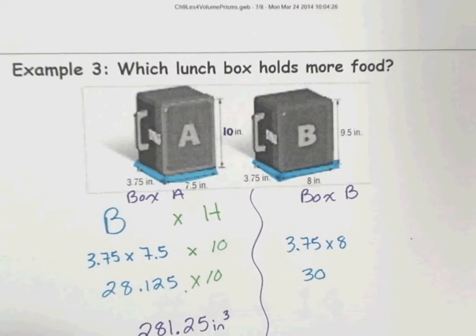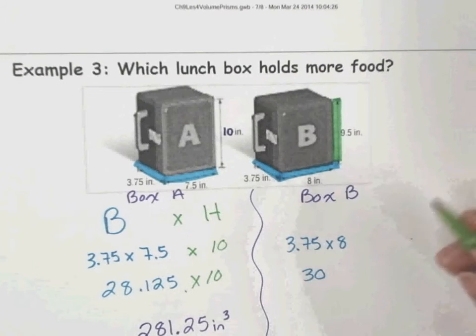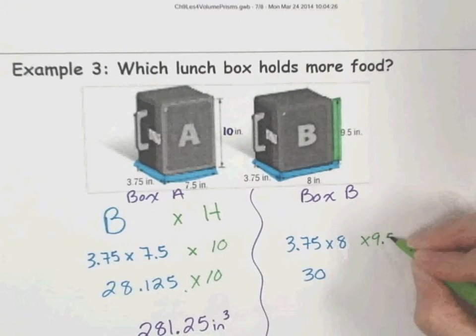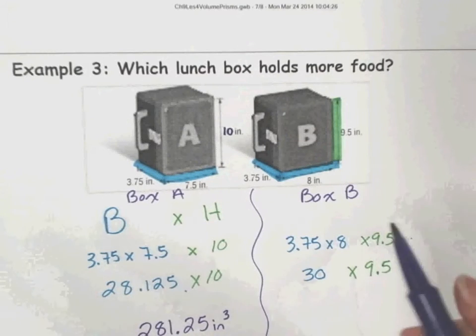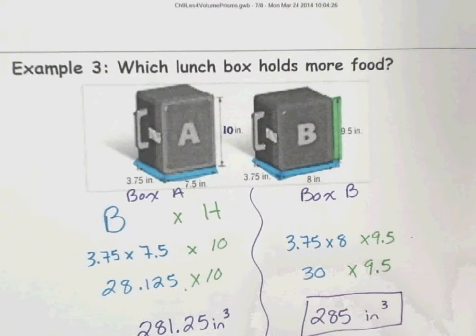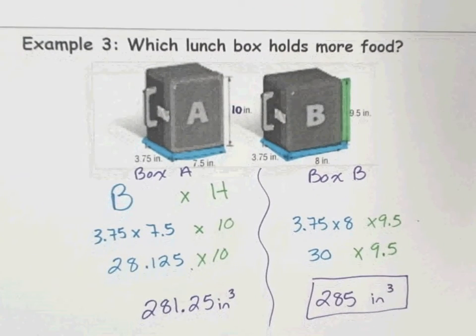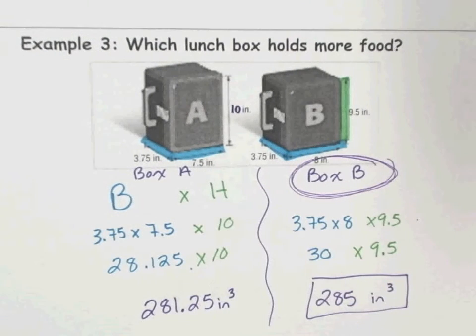Okay, and then we're going to multiply it by the height of the overall prism. So we're going to multiply by 9.5. What do you get when you do that? 285 inches cubed. Okay, 285 inches cubed. So 285 inches cubed happens to be bigger, so box B is going to be the bigger box. It's going to hold more.